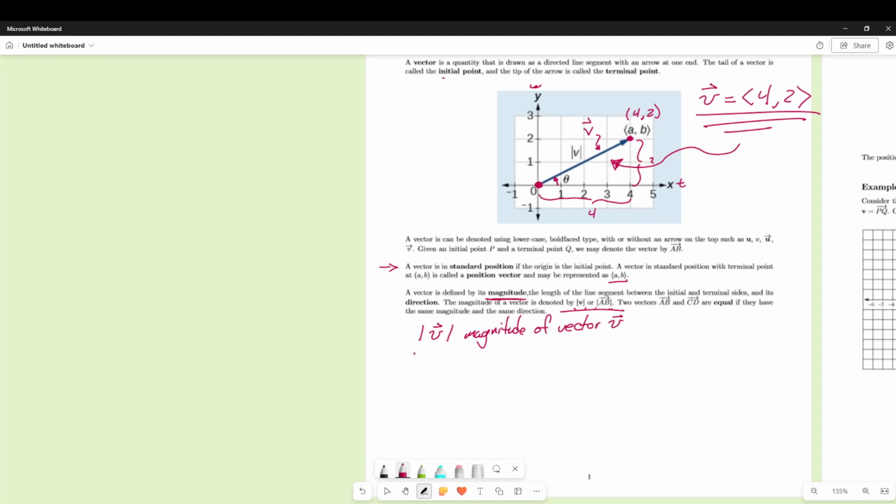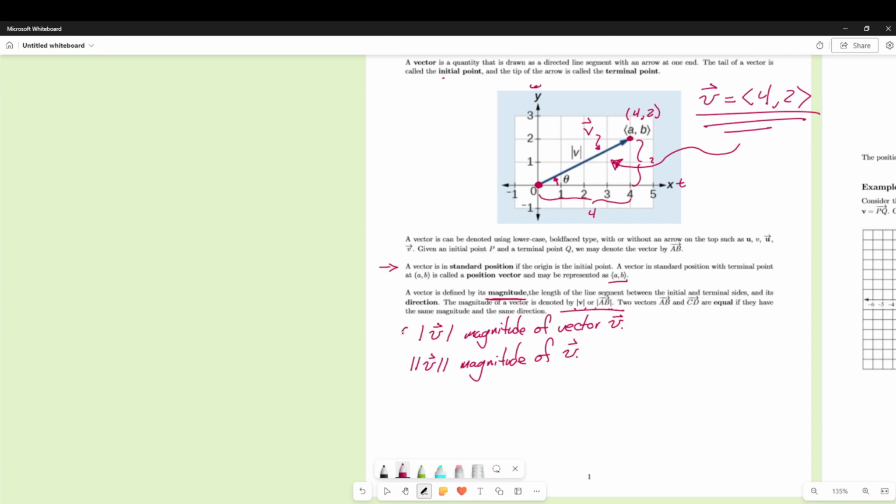But you will often see, instead of the single bars, a more old-fashioned notation. You will see double absolute value bars for magnitude of, I suppose I can just say v, the arrow on top tells us it's a vector.